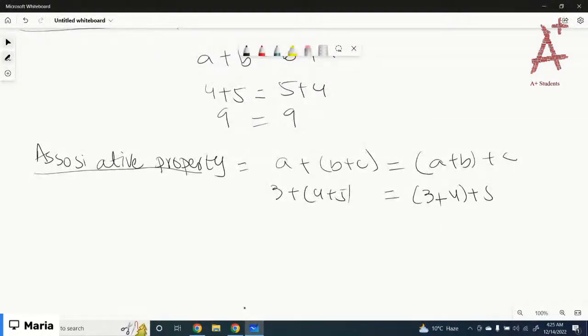So order doesn't matter. If you do 4 plus 5 first, it makes 9. If you do 3 plus 4 first, it makes 9. But adding both sides of the numbers must have the same answer, that would be 12. Got it?